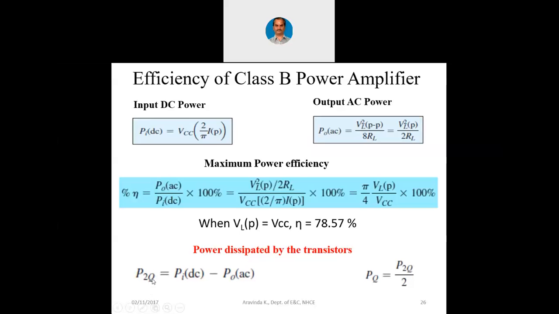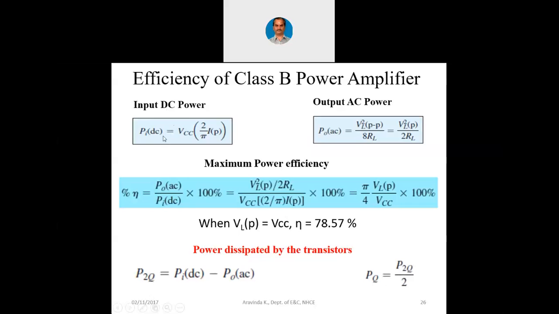Q means quiescent power, because only when the input signal is present, the devices will be turning on, otherwise the devices will be off. So the total quiescent power is PiDC minus PoAC, that is shared by both the transistors. So naturally PQ is P2Q by 2.